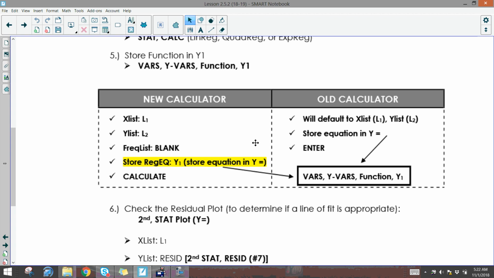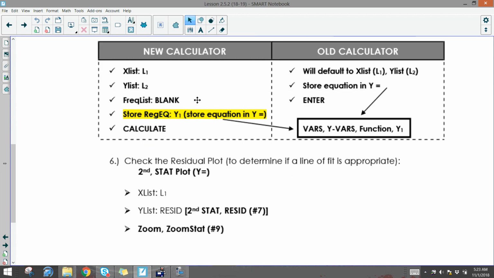As we go through the examples today, I would like you to please circle the one that your calculator has and cross off the one that you don't so you don't get confused. There are two different calculator screens that you will run into depending on what you have. So please make sure that you are following the correct one. So FYI on that. We'll refer back to this a few times throughout the lesson today.